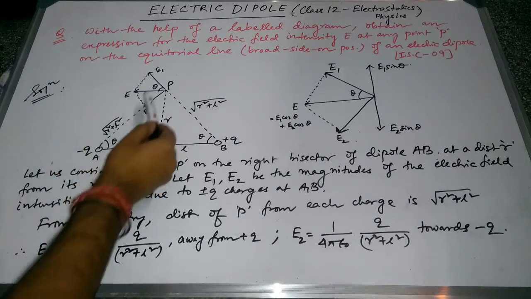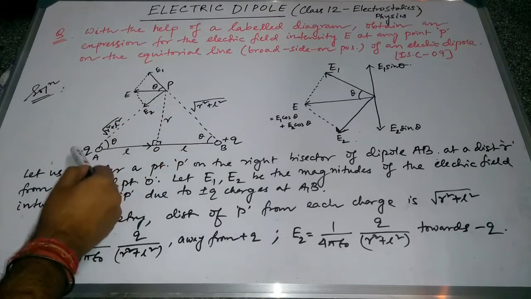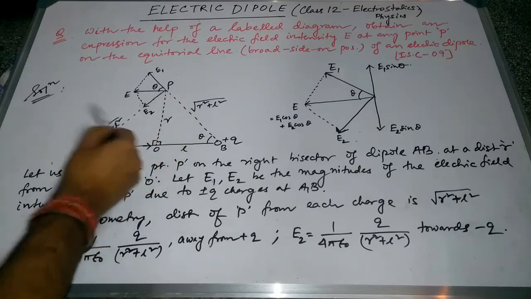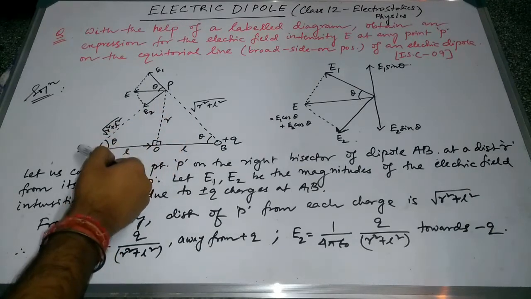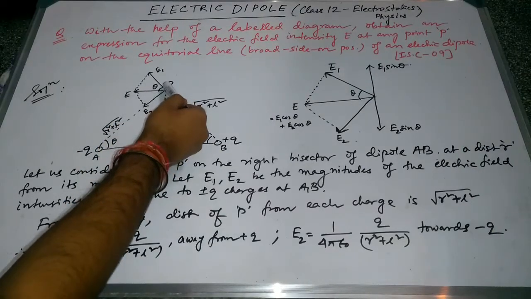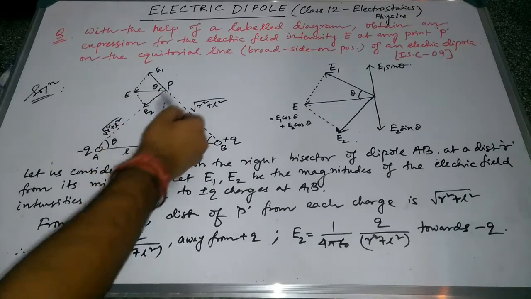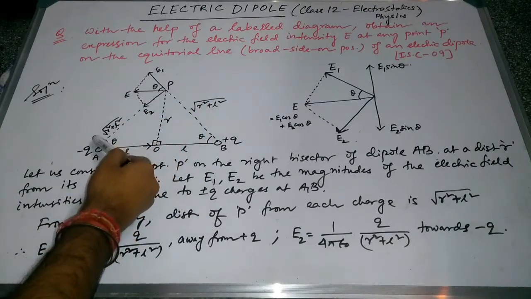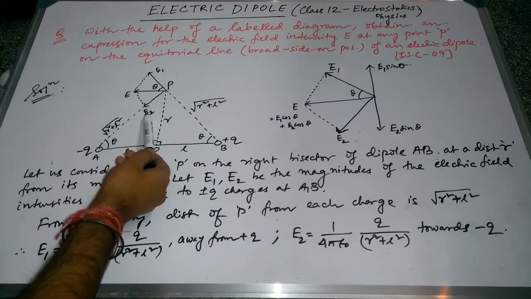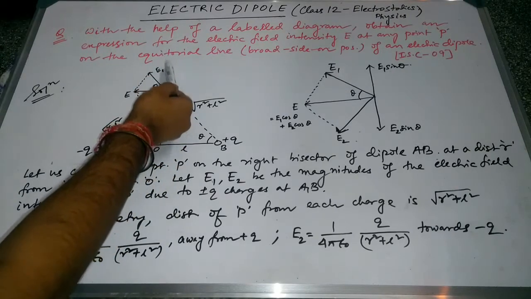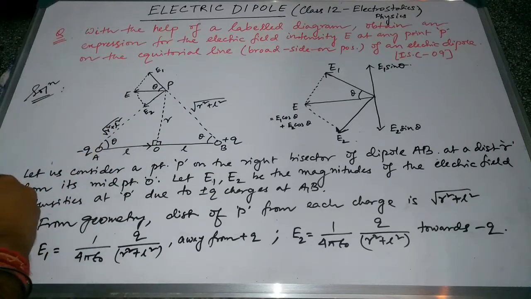Now the electric field at P due to this minus q charge will be attraction, because a unit positive test charge is placed at P. So the electric field at P due to this charge will be in this direction towards minus q, as there is attraction. Let that be E2. The resultant of E1 and E2 is E.